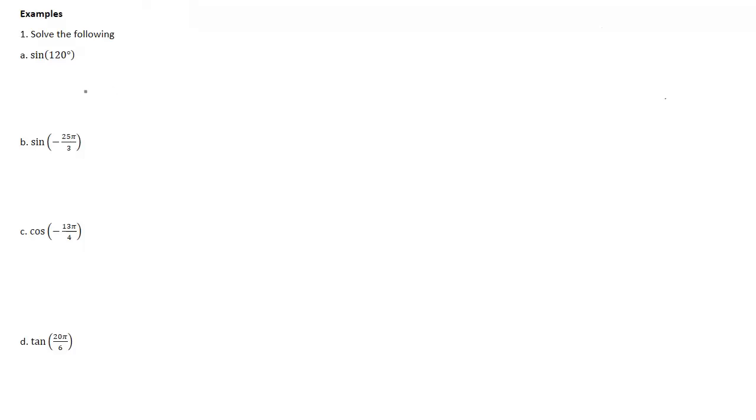So let's have a look at how we complete these examples. So solve the following. With these kinds of questions, you are told where the angle is. So you're told that you have to move to 120 degrees around the unit circle. So here is a unit circle. And it's always quite nice to have a drawing shown.